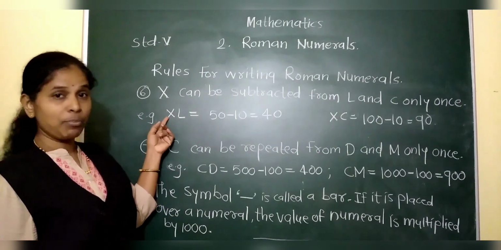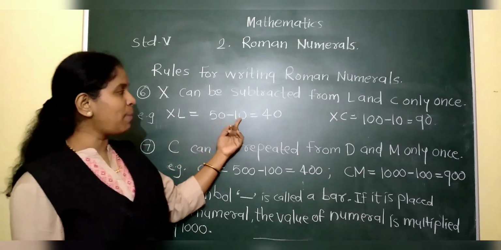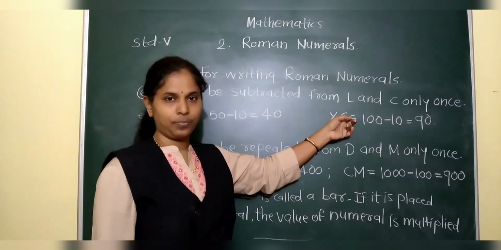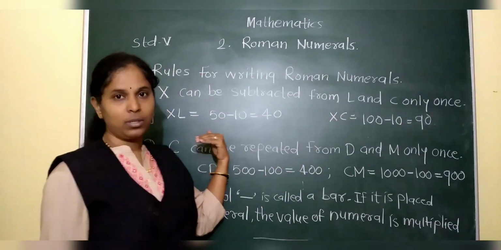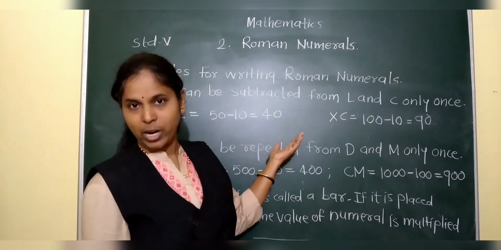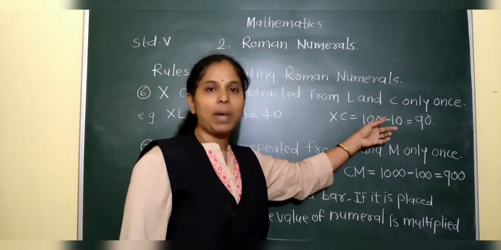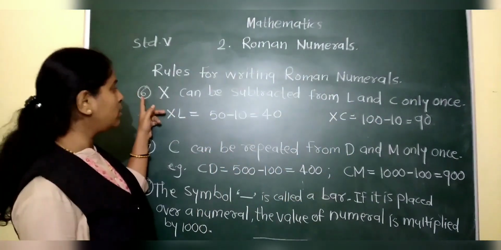Now see, X appears before the larger number, that means we have to subtract. So 50 minus 10 is equal to 40. And XC, again see, 10, X stands before the larger number. That means again we have to subtract as per the previous rule. So 100 minus 10 is equal to 90. Okay, this is the sixth rule.